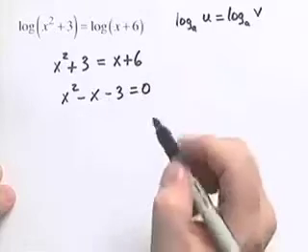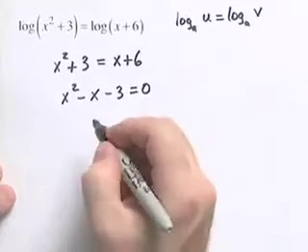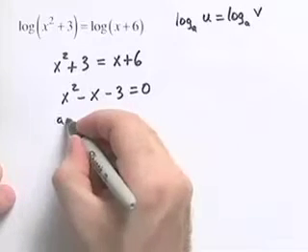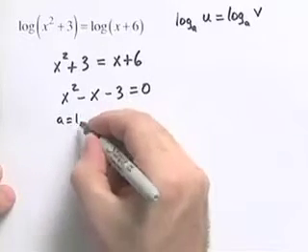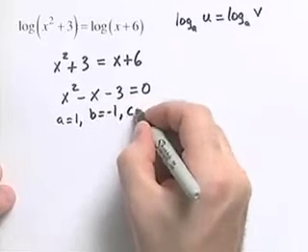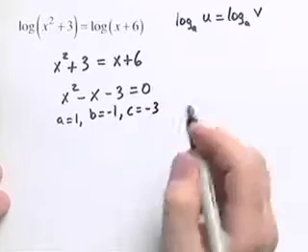We're going to solve this equation by factoring, if possible. We look at this, it doesn't appear that factoring will work, so we can use the quadratic formula. A equals 1, b equals -1, and c equals -3.